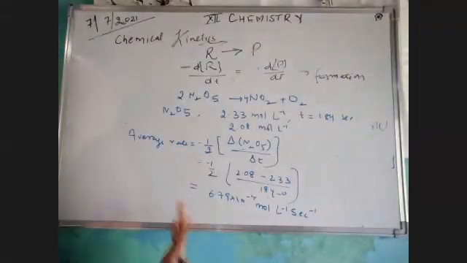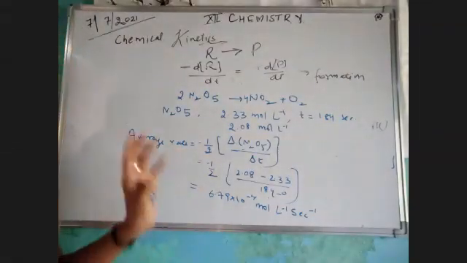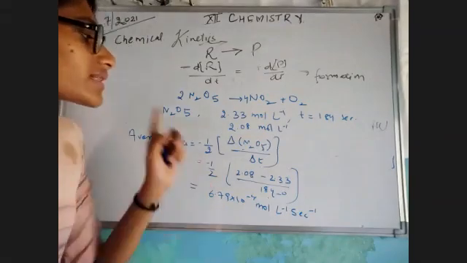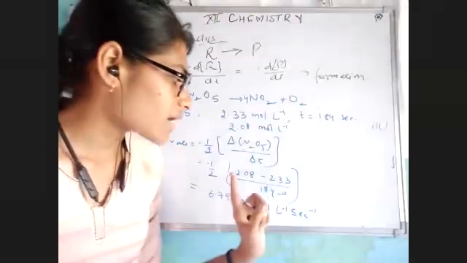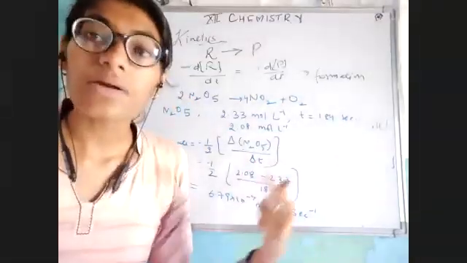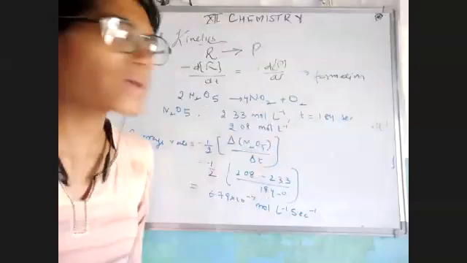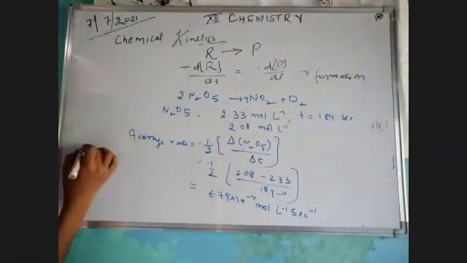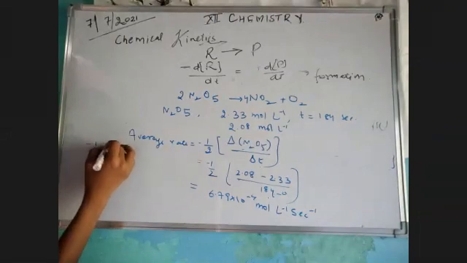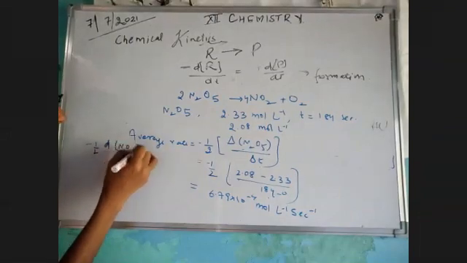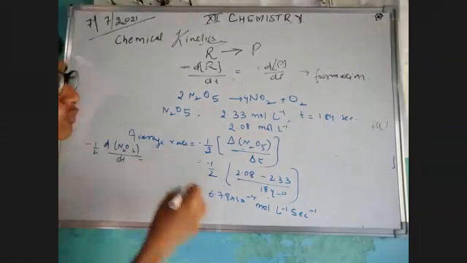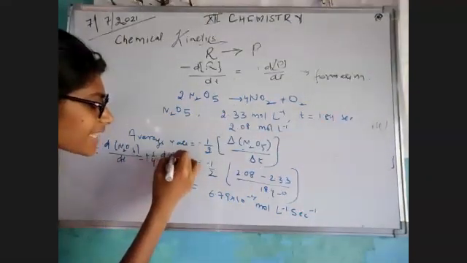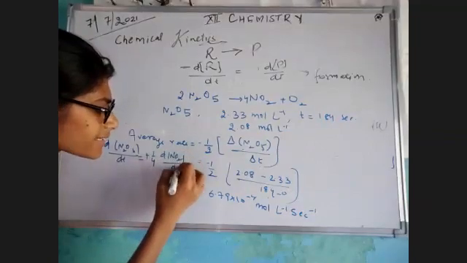So I have done the average rate, but my question is not completed yet. It asks us, okay, we know this is our reactant which is getting reduced, but what about the rate of formation? So we will write our rate law, which says minus 1 by 2 dN2O5 divided by dt is equal to 1 by 4, that is in positive, dNO2 by dt.